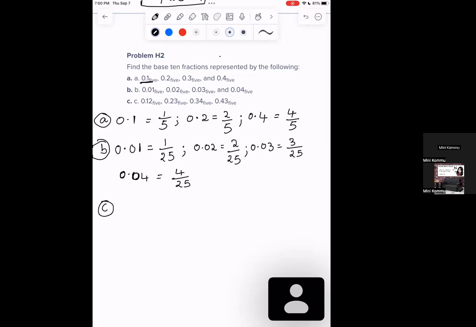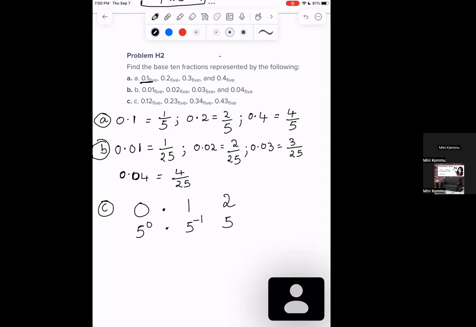All right. Now here we have 0.12 in base 5. You have to convert it into base 10. So I'm going to say this is 5 to the power of 0, 5 to the power of -1.